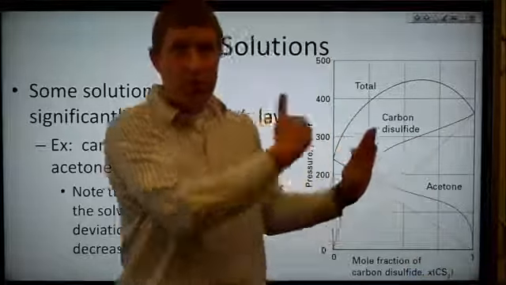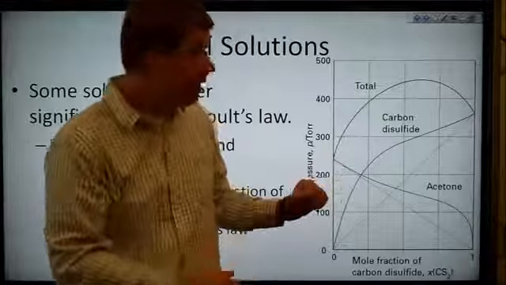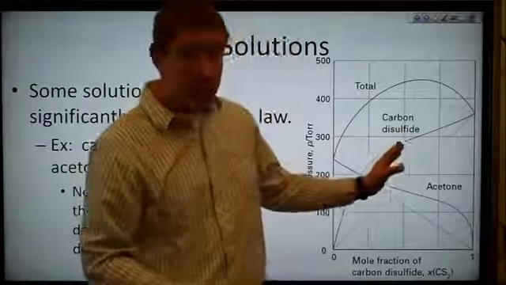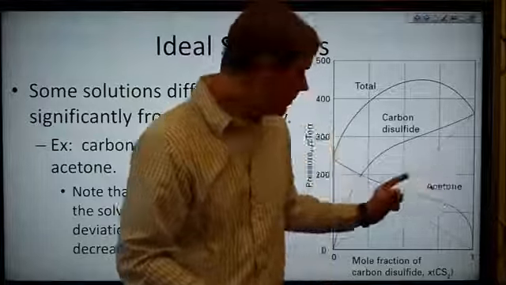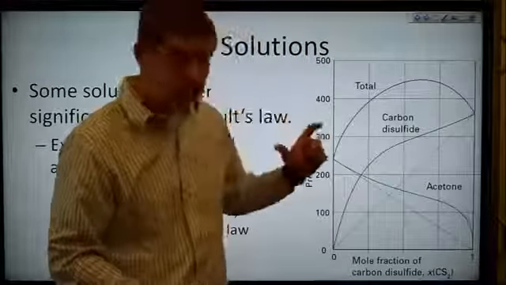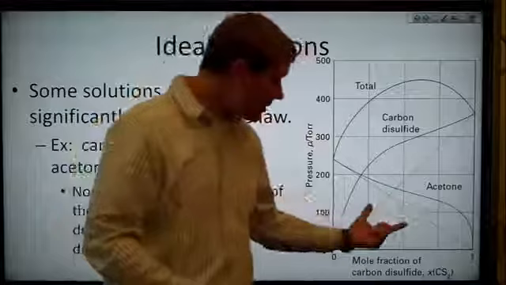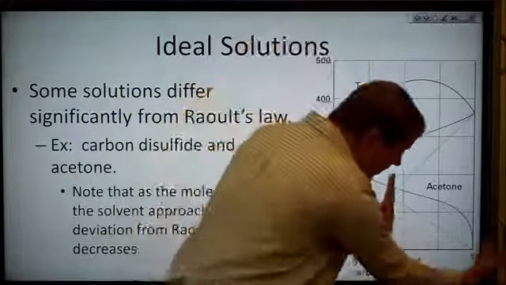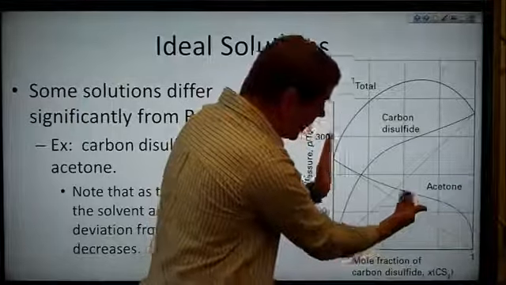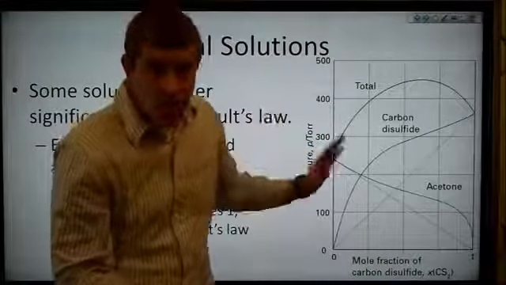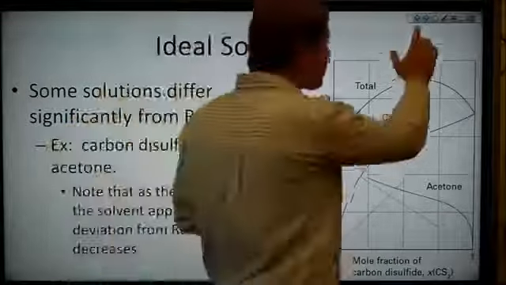At mole fractions less than 0.5, the acetone is the solvent. So when the carbon disulfide is the solvent, the deviation from the ideal dotted line is smaller. And likewise with the acetone, when the acetone is a solute, the deviation is fairly large. When the acetone is a solvent, the deviation is fairly small.